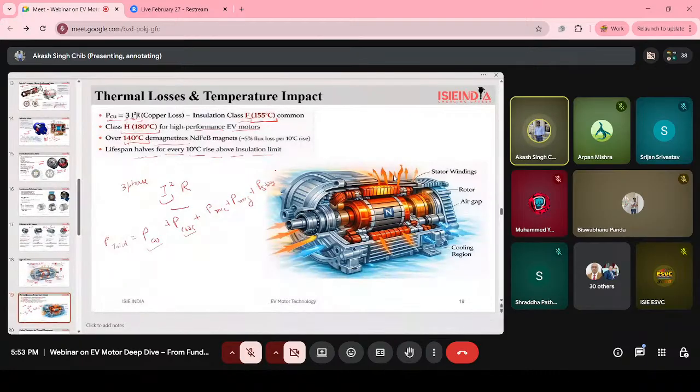But for better cooling of EVs, to reduce the heat of a motor, we use liquid cooling and air cooling as well.